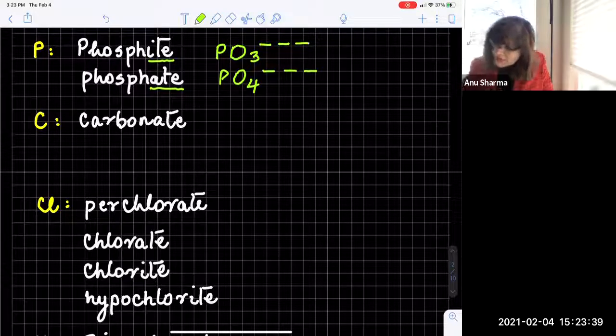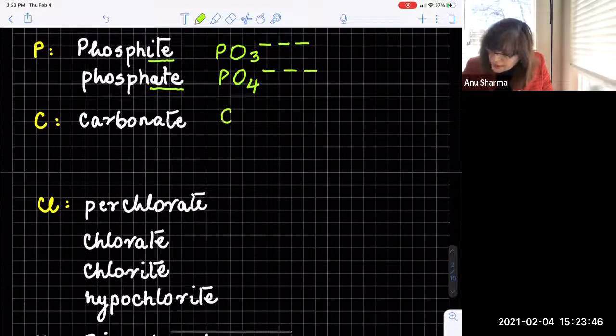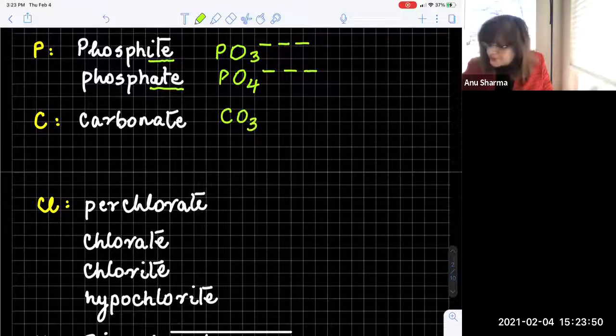Okay, now carbonate. The maximum number of oxygens carbon can connect with is 3, so it does not combine with 2 oxygens while holding a charge. So carbonate, the highest oxidation state of carbon with oxygen, is with 3 oxygens, and it retains the 2 negative charges.